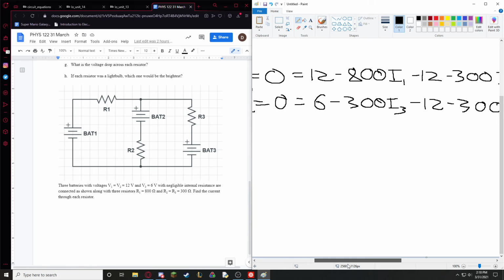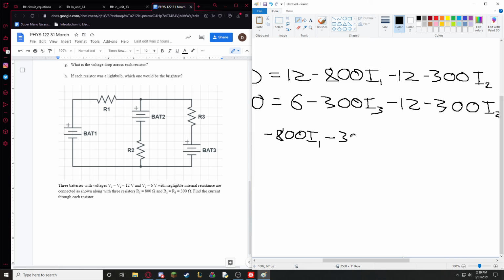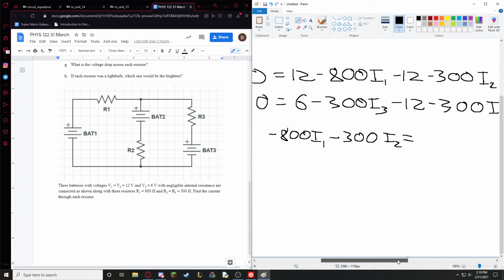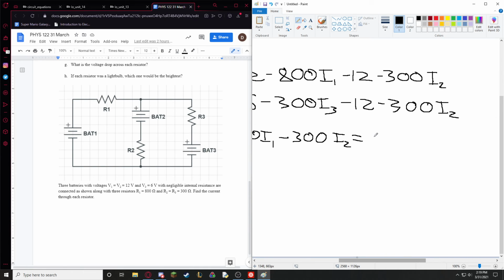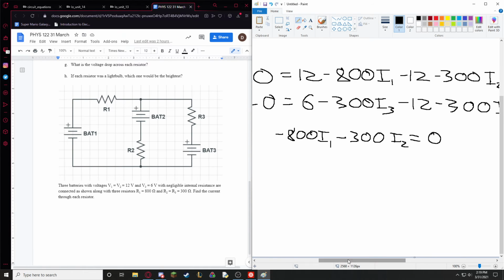So this first equation would be minus 800 I1 minus 300 I2 is equal to 0, because our 12s cancel out. And I'm also going to say we have plus 0 I3 equals 0.